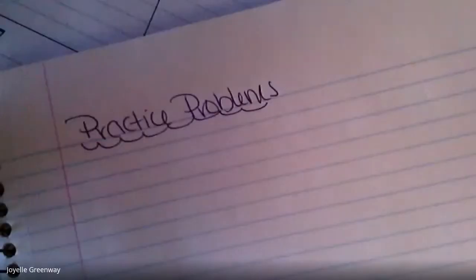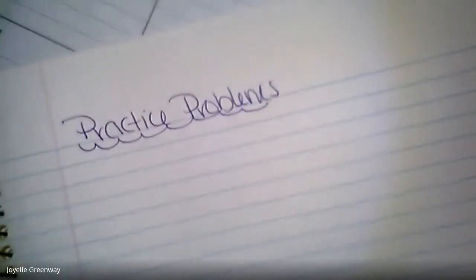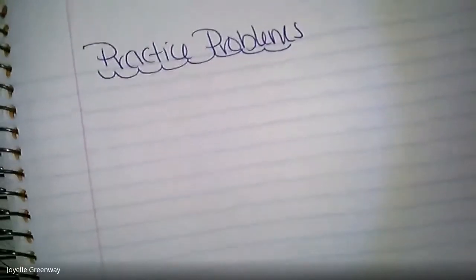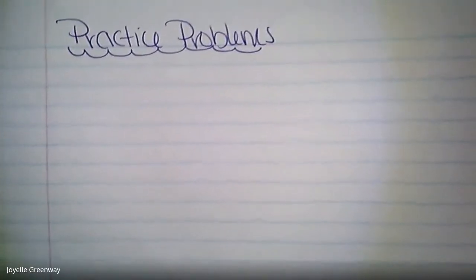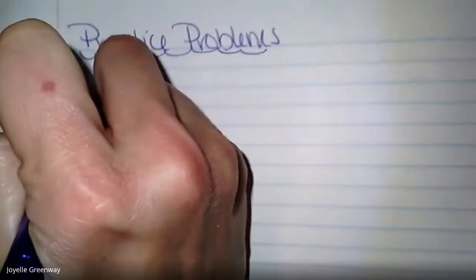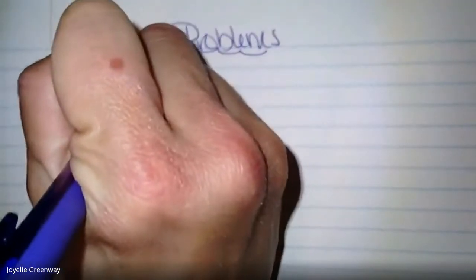So I'm going to turn on my document camera. And we're going to go through how to graph from your practice problems. All right, so number 1 is y equals x squared. So this is easy, right? Because we only have an a value.